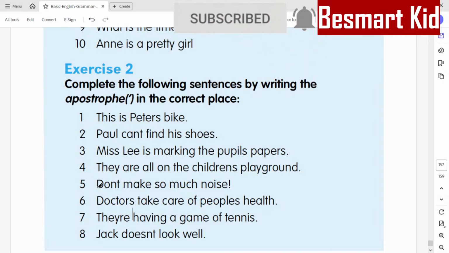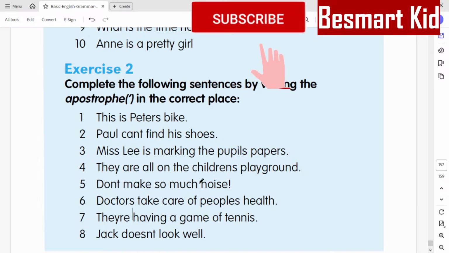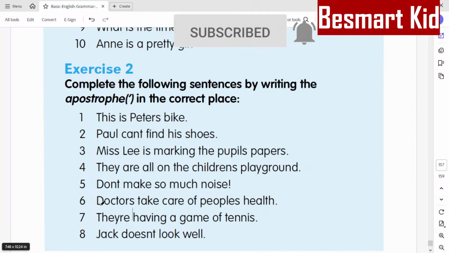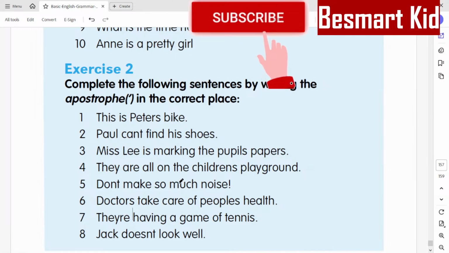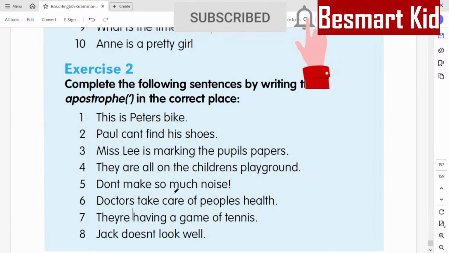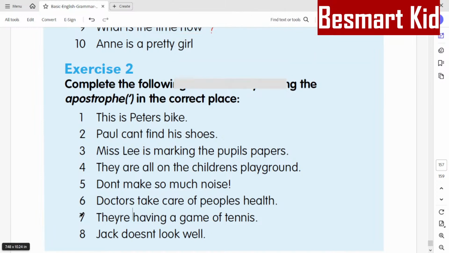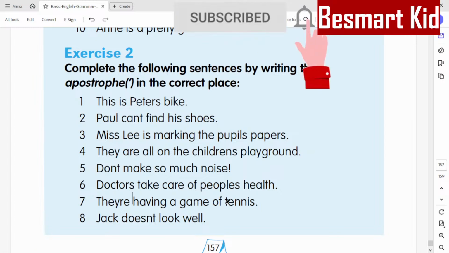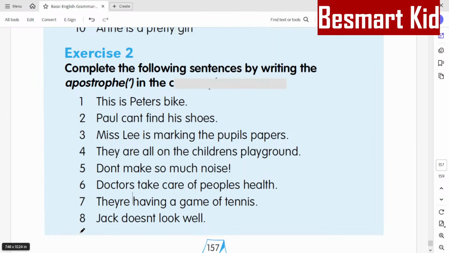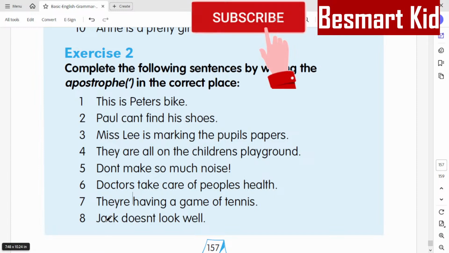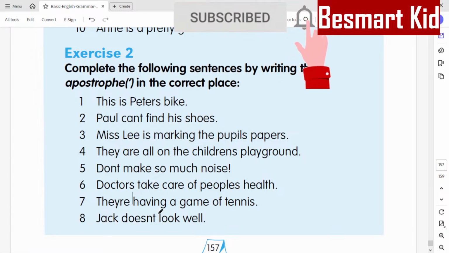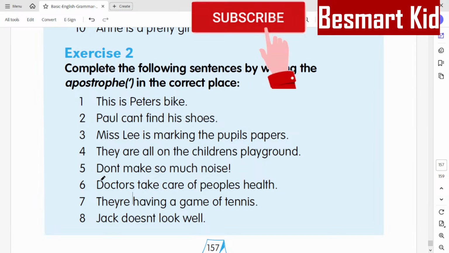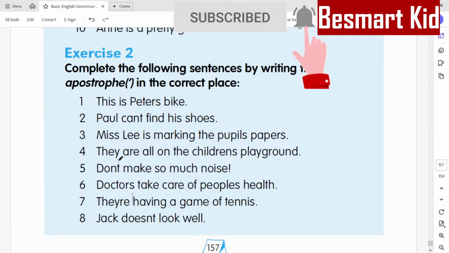Fifth, don't make so much noise. Sixth, doctors take care of people's health. Seventh, they are having a game of tennis. Eighth, Jack doesn't look well. So here, I'm going to give you one example, which is question number 5.